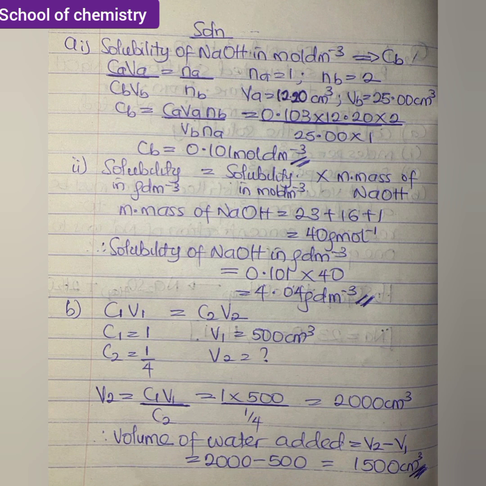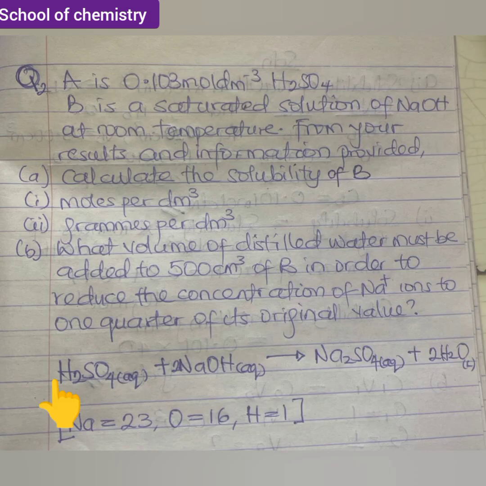But because B itself is not given as a standard solution, we don't know its concentration. That's why we should use the formula for acid and base, which is CAVA over CBVB equals to NA over NB. It is very vital that you write the mole ratio of the acid to the base. So our NA is 1, our NB is 2. How do we get that? NA is the coefficient of the acid from the balanced equation, while NB is the coefficient of the base from the balanced equation.